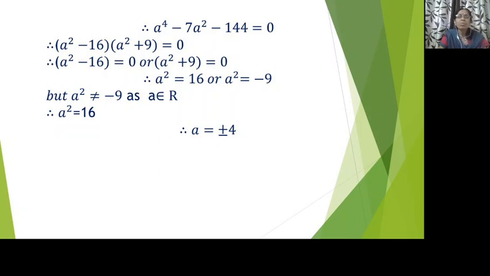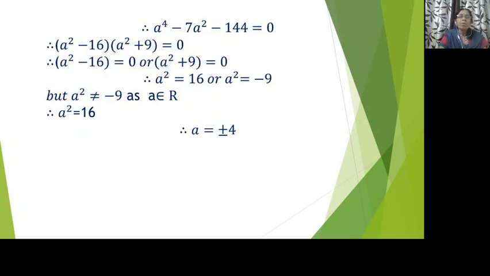From these two equations, we get a square is equal to 16 or a square equal to minus 9. But we know that a is a real number, and the square of any real number is never negative. So a square equal to minus 9 is impossible.